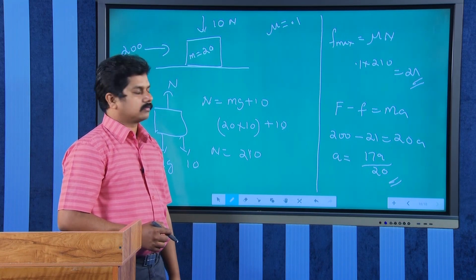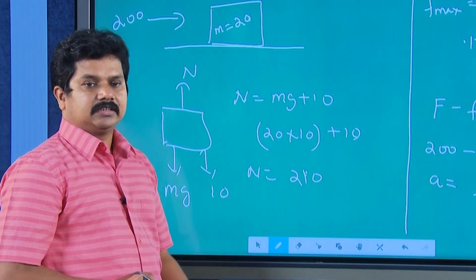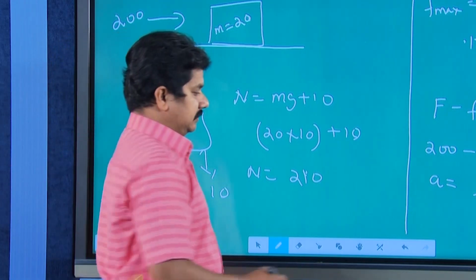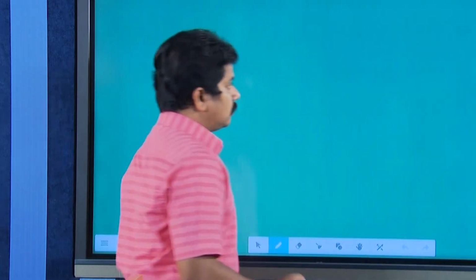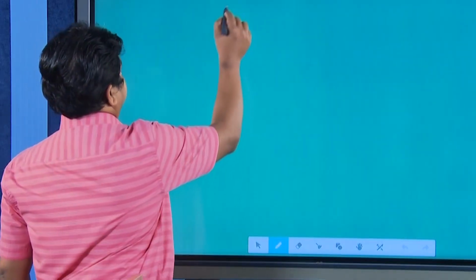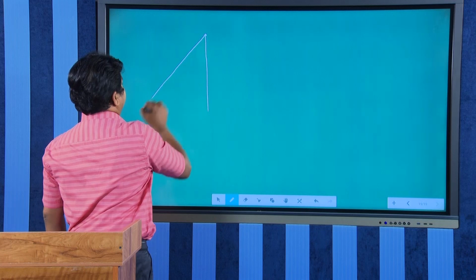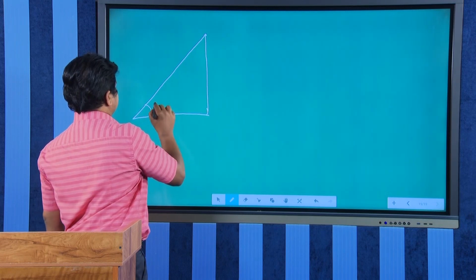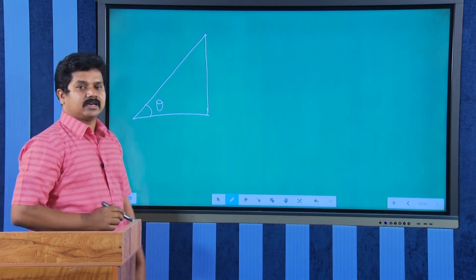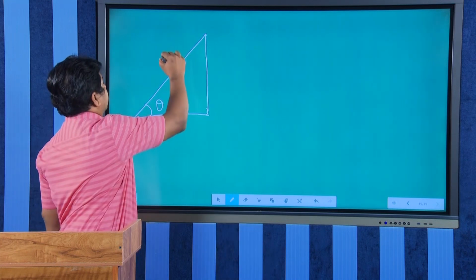Okay. Now, let us see the motion over a rough inclined plane. Smooth inclined plane we have discussed already. We know the acceleration is g sin theta, right. Here we have a block.